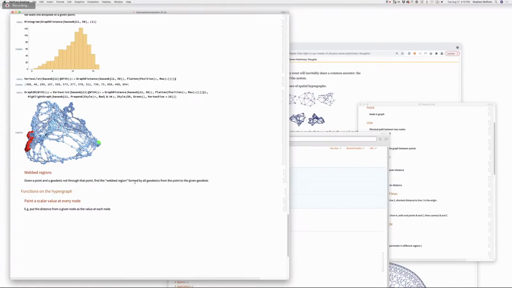But so what this is, let's just make one of these, okay? So we're going to pick the geodesic from 50 to 100, of which there are several, and point 150, let's say.